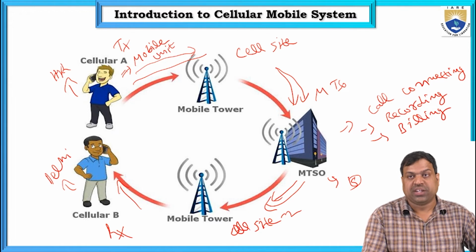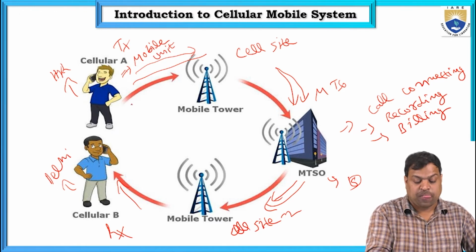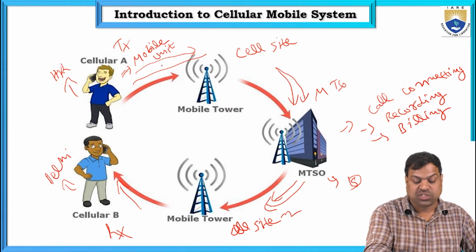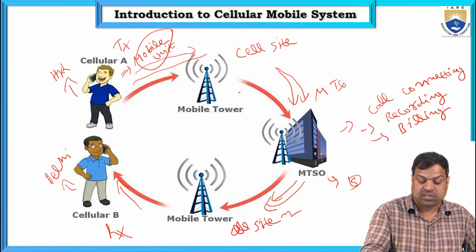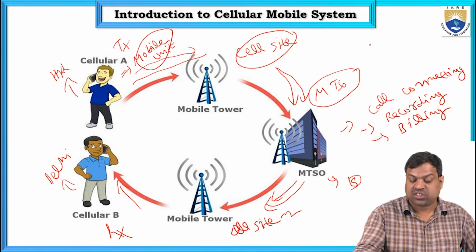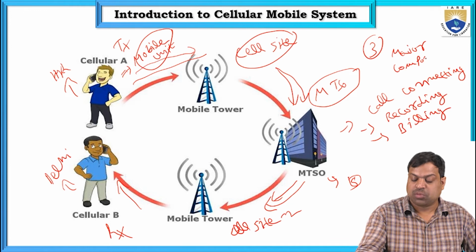So it is a complete communication system between cellular to cellular, mobile unit to mobile unit. It is a communication process. But here, what are the major roles? Mobile unit, cell tower meaning cell site, and MTSO. These are the three major components of the communication system.